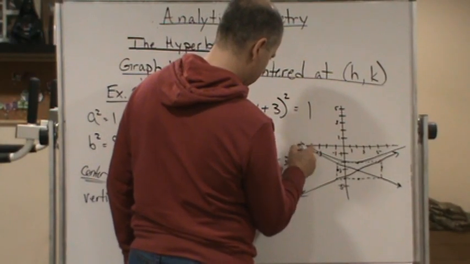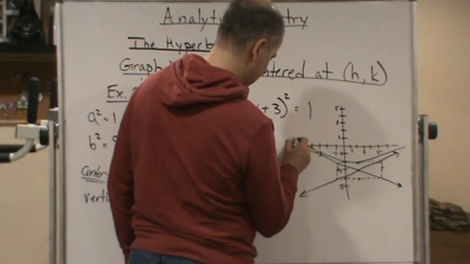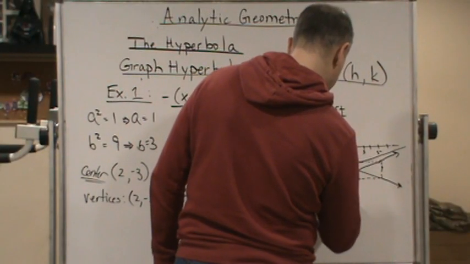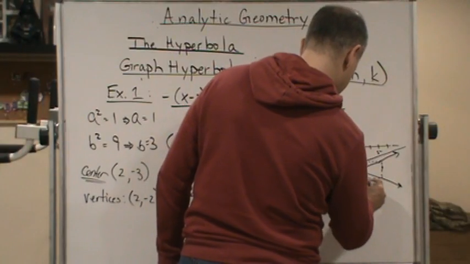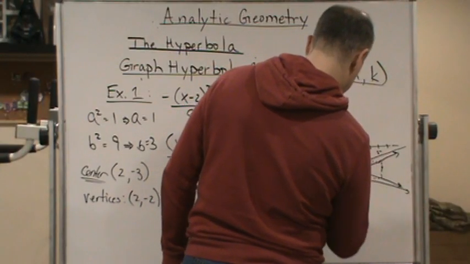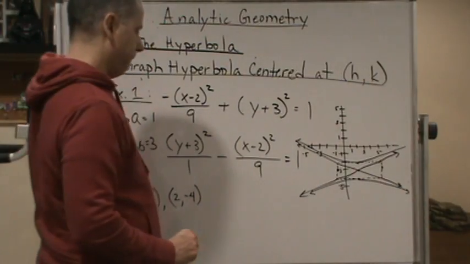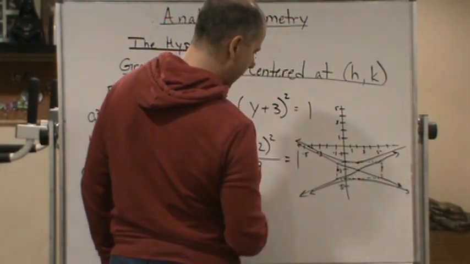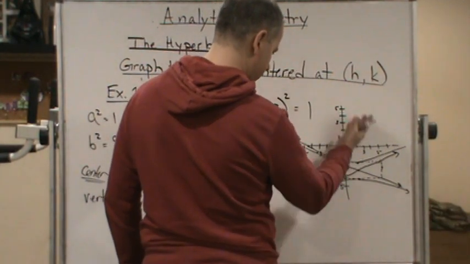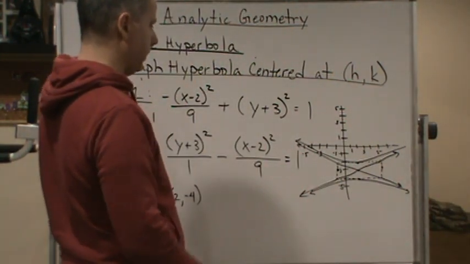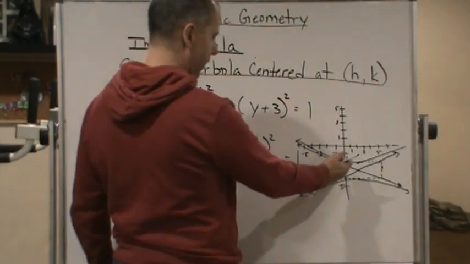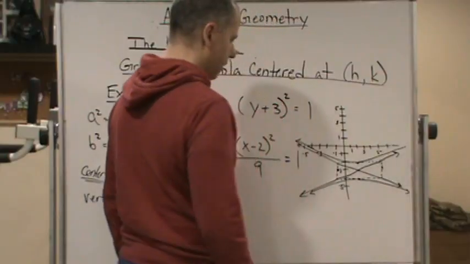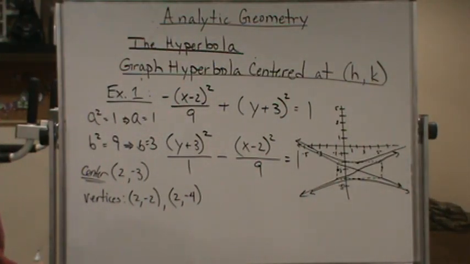We're getting closer and closer to the asymptote. And this one would go like that and that. Right, so we got the curve on the bottom and we got the curve on the top, right? And so if we want to sketch the graph of a hyperbola, that would be good right there. So we've got the vertices, we've got the asymptotes, and now we just draw the sketch of our graph, okay?